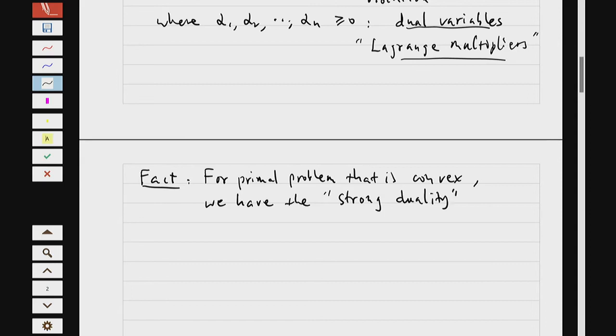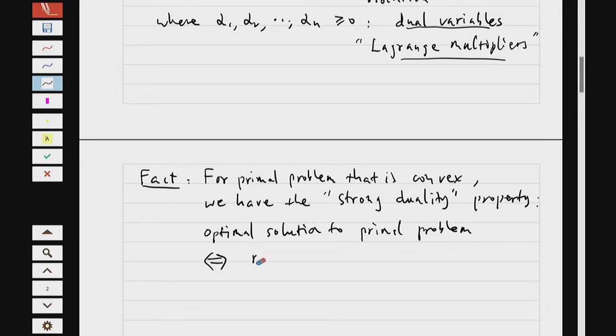It basically says that the primal problem and the dual problem are the same. It says that if we want to get the optimal solution to the original primal problem, it's the same as doing the following two-step process.